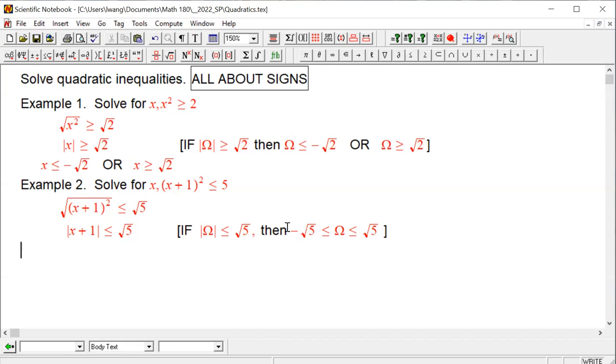So we can use this model. In that case, the answer is very close to us. Of course, here omega is x plus 1.